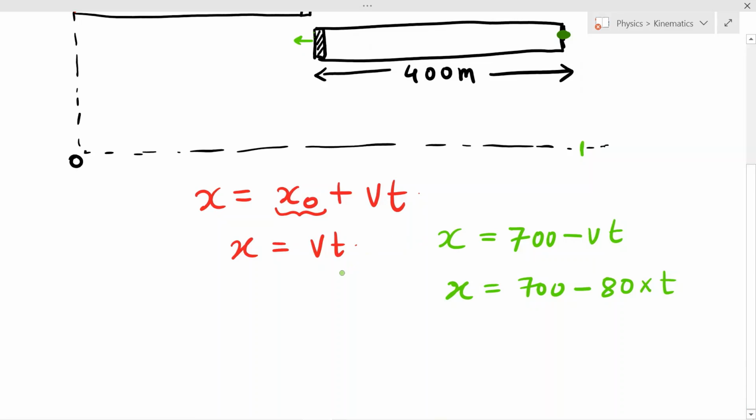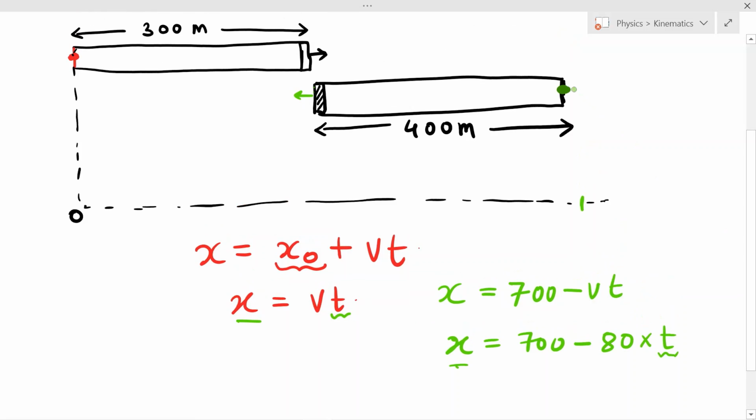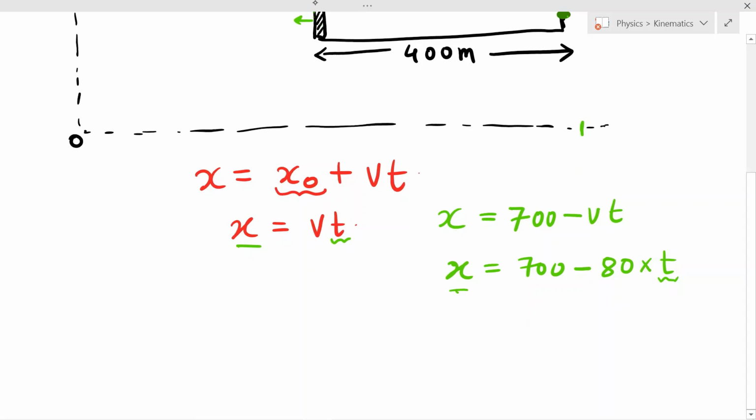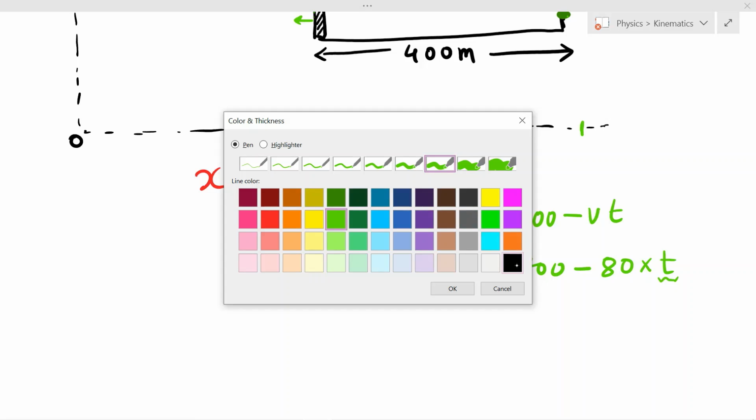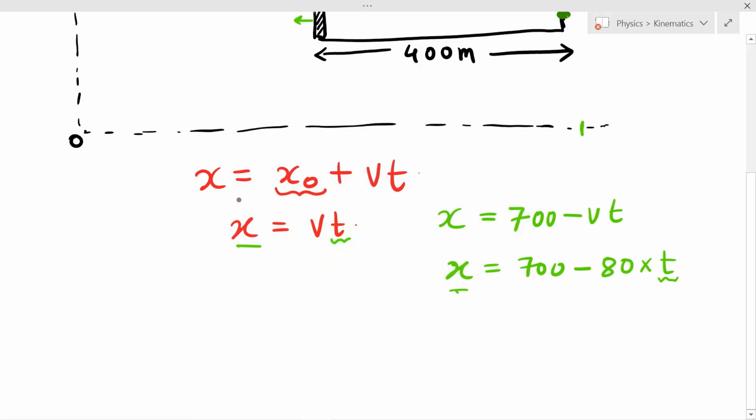Now we have to calculate this t, because this time will be the one when they will completely cross each other, and these positions should be equal, because when this green point will meet the red point, then they will completely cross each other. So now let me put a subscript.